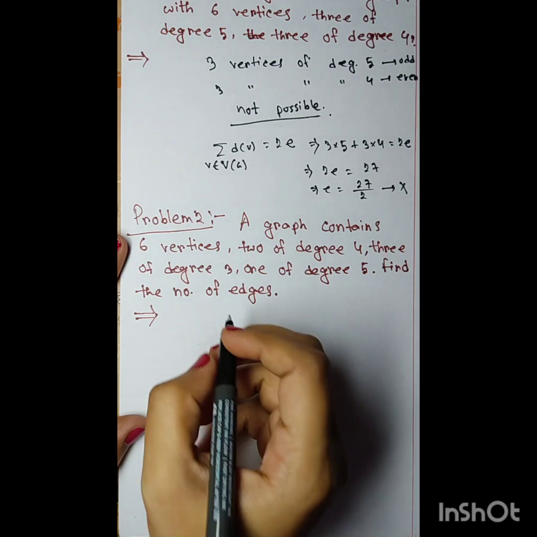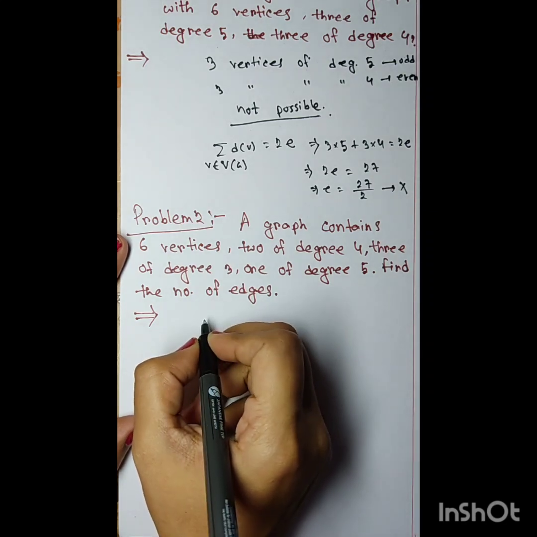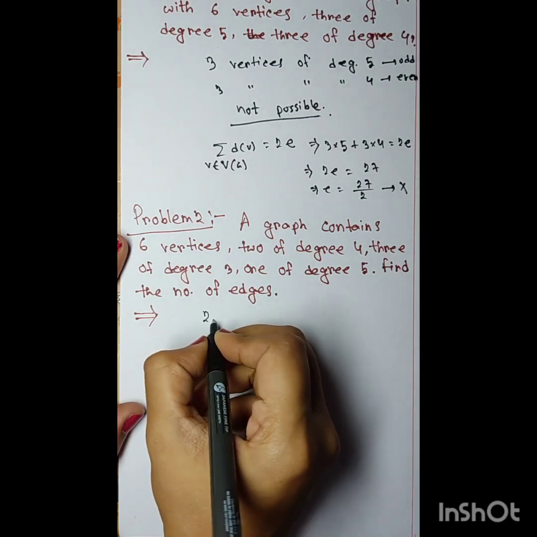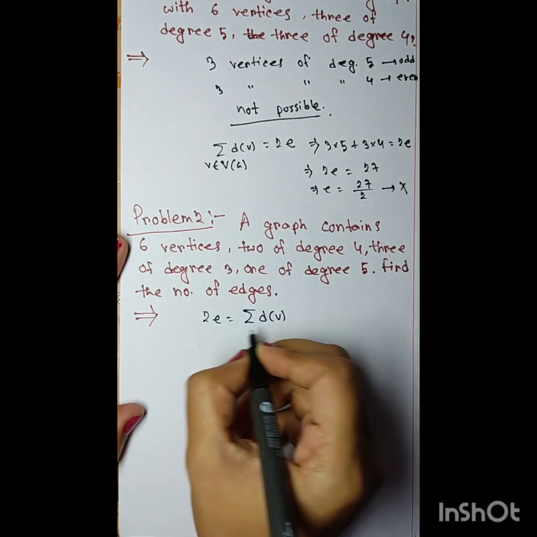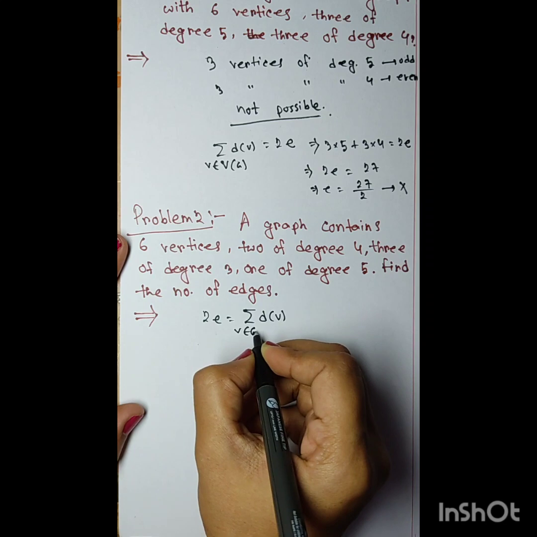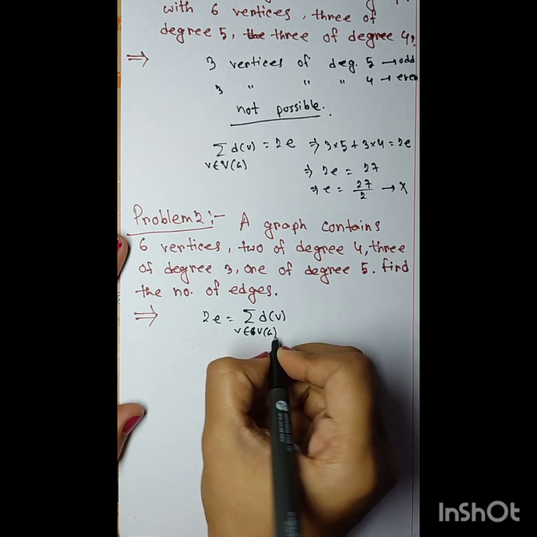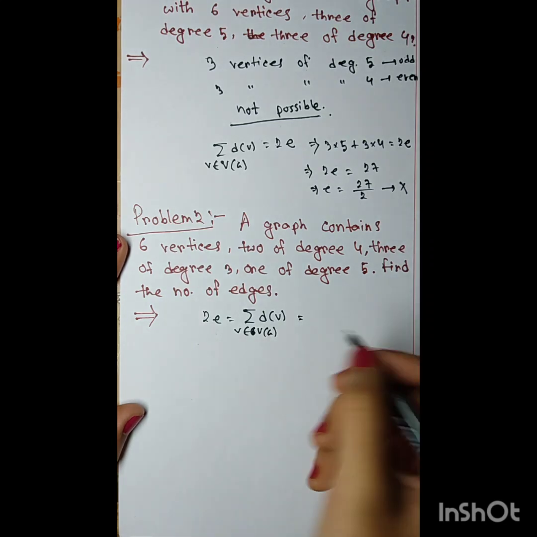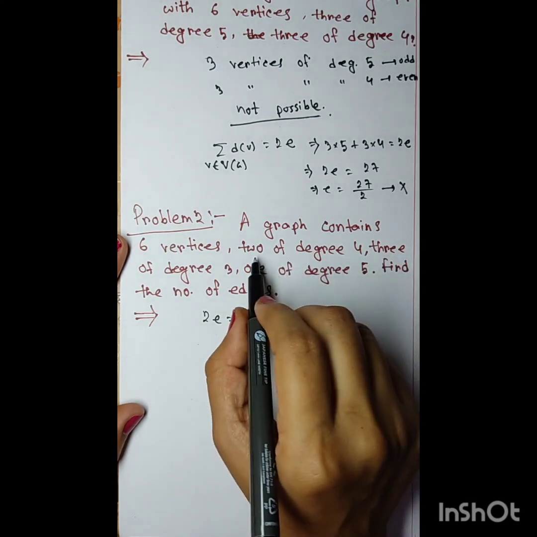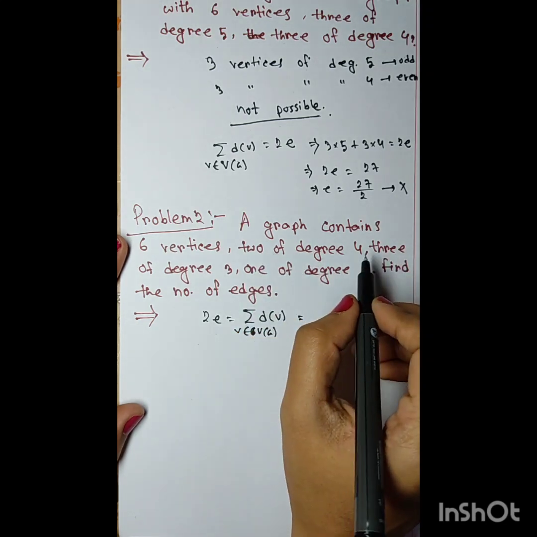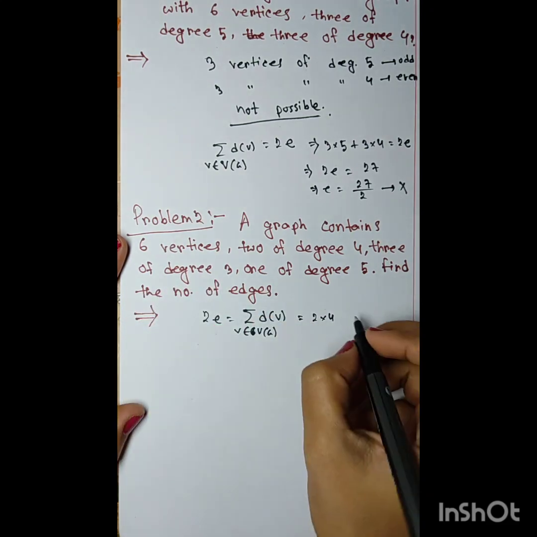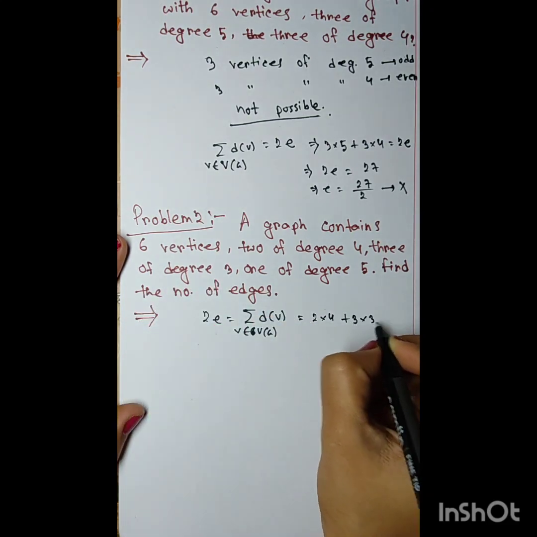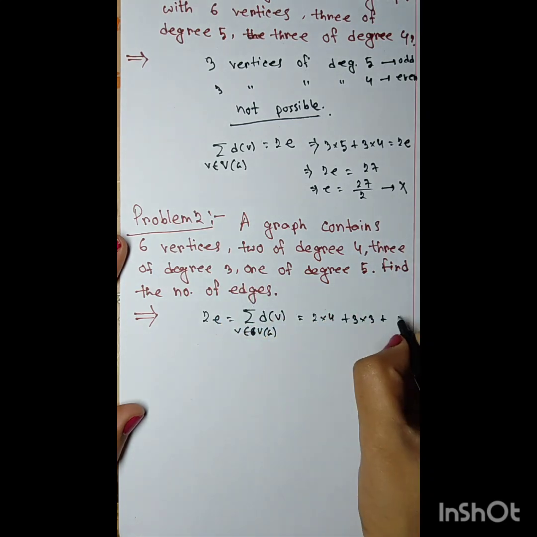We will use the first theorem of graph theory, that twice E is equal to the sum of degrees of all the vertices of G. There are two vertices of degree 4, so 2 into 4, 3 vertices of degree 3, so 3 into 3, and one vertex of degree 5, so 1 into 5.